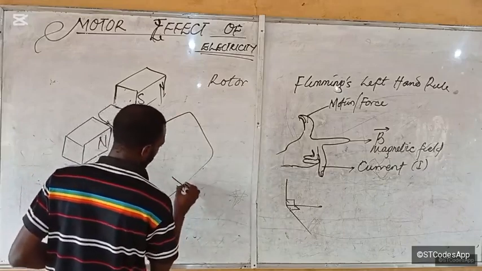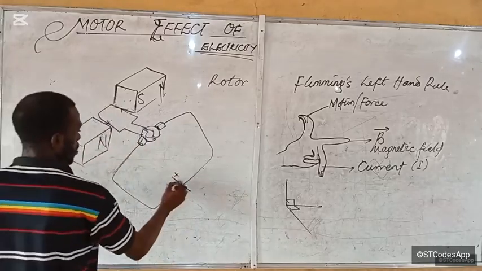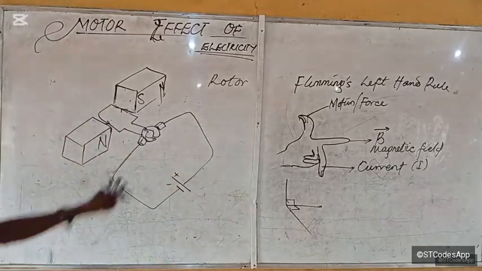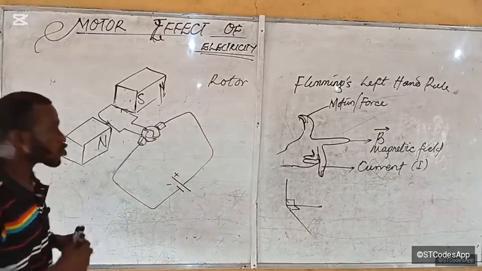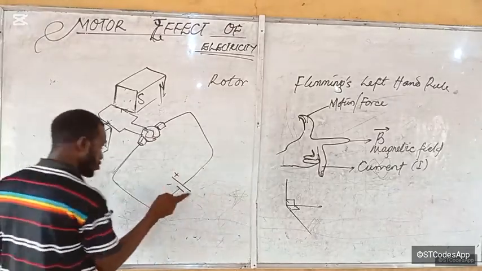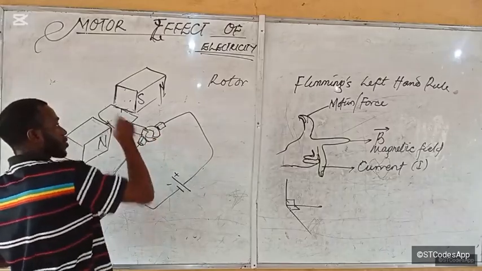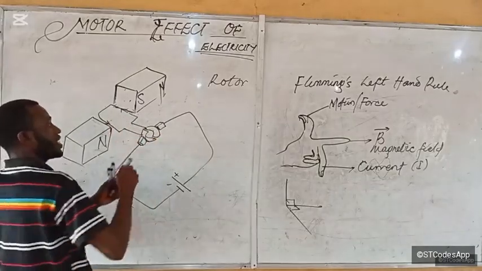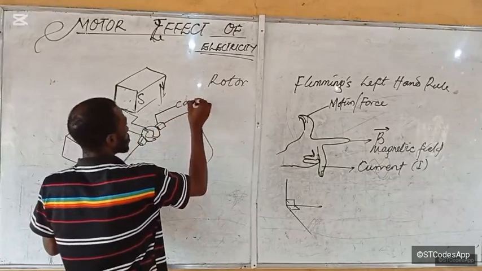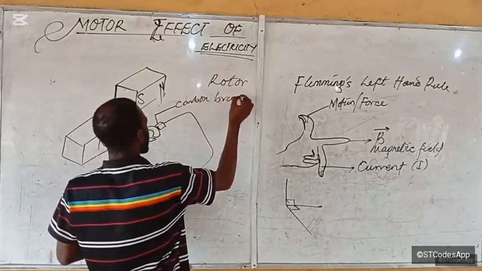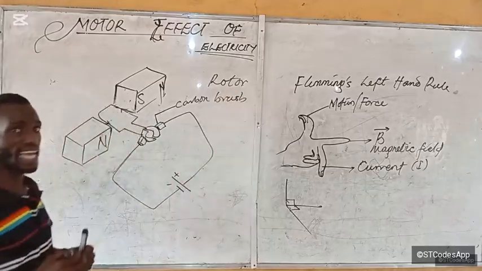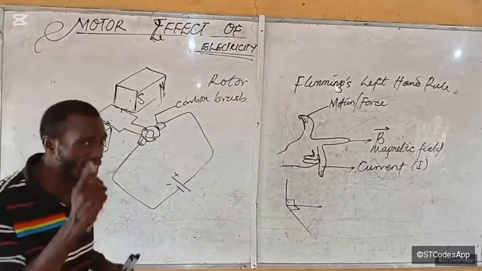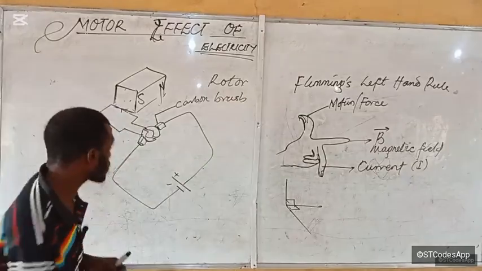Okay, so we now have carbon brushes attached here. So what is making contact between the battery and this coil of conductor here? It is the carbon brushes. The carbon brushes are put there in order to make contact. That is the use of the carbon brush.